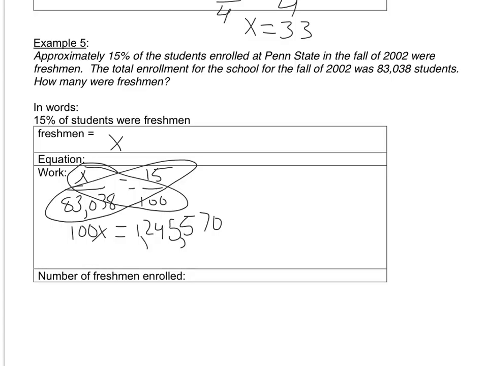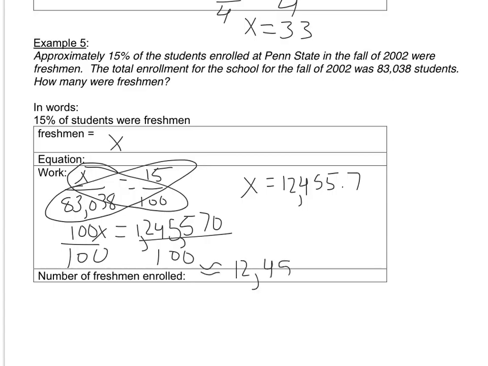So divide by the 100. You get x equals 12,455.7. You can't have 0.7 of a student, so you're going to say that it's approximately 12,456 freshmen. Okay?